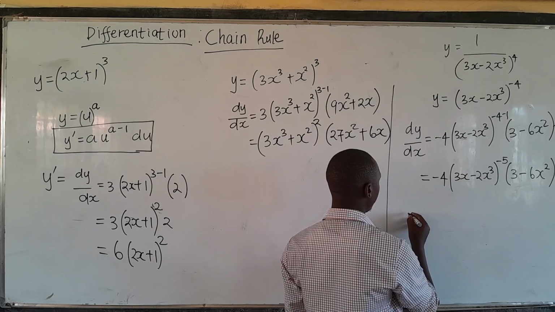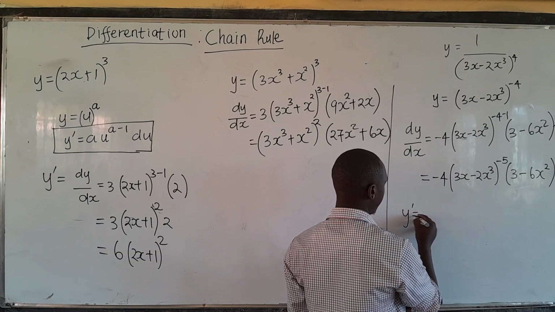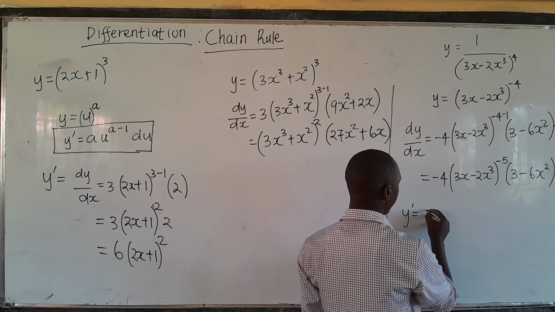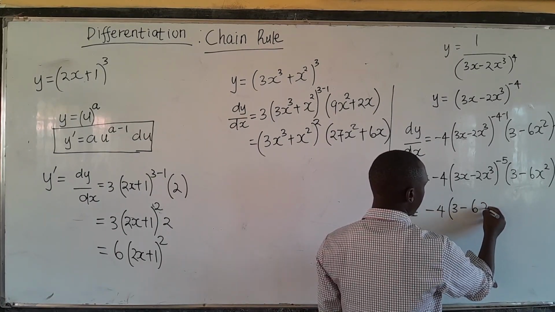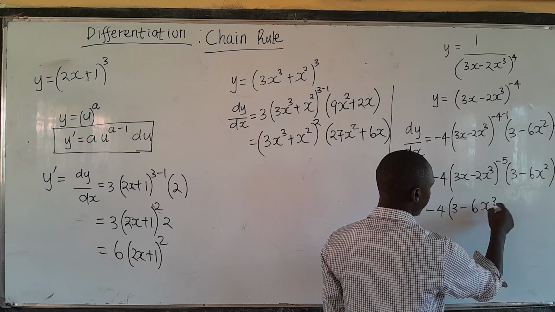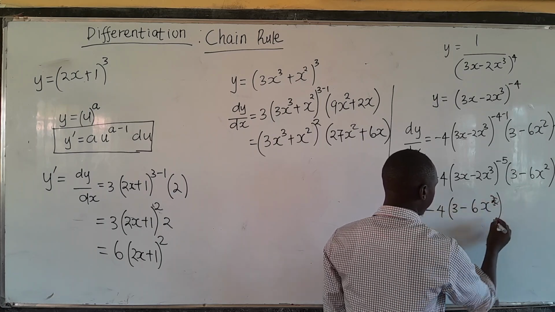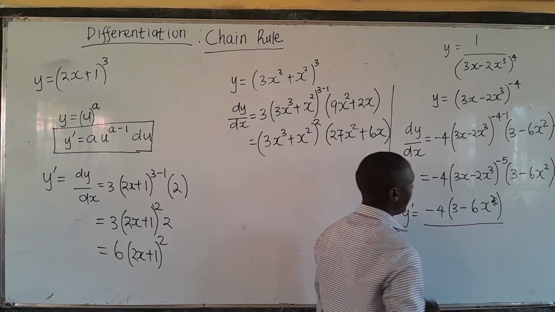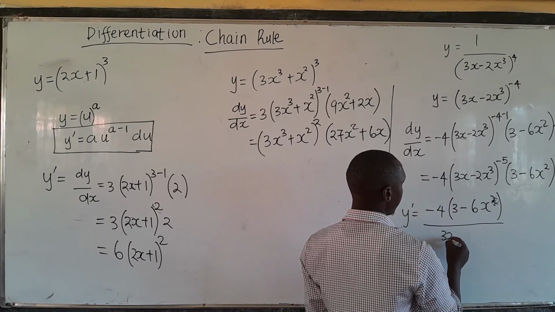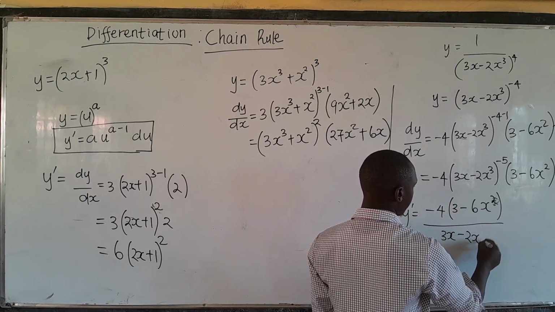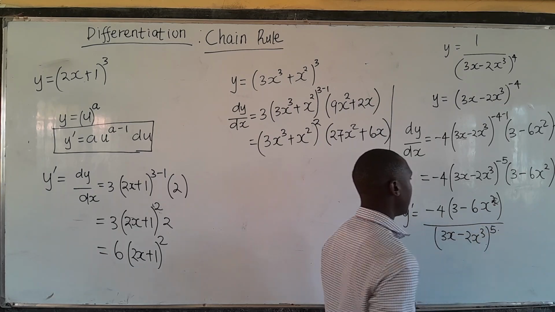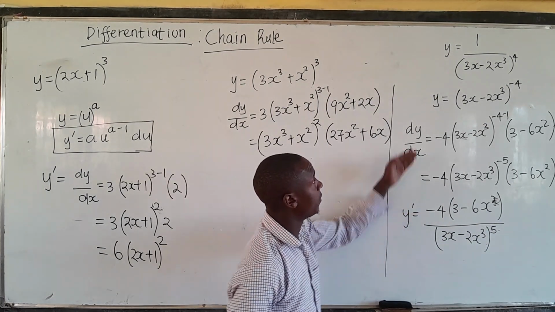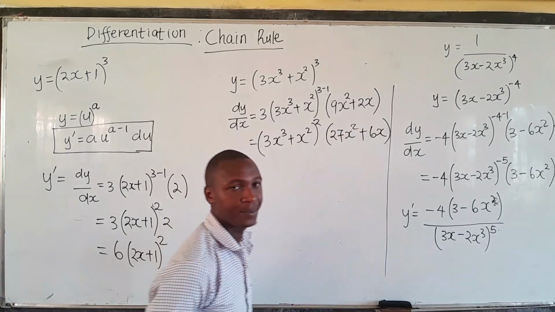Therefore, the final derivative for y prime is going to look like this. It's going to be minus 4 multiplied by (3 minus 6x squared) divided by (3x minus 2x cubed) raised to positive 5. That becomes the derivative of our function there.